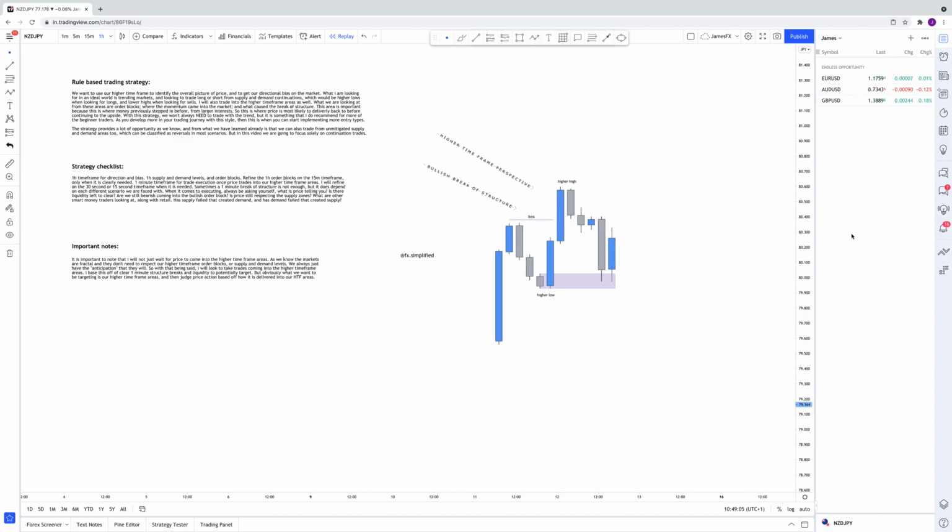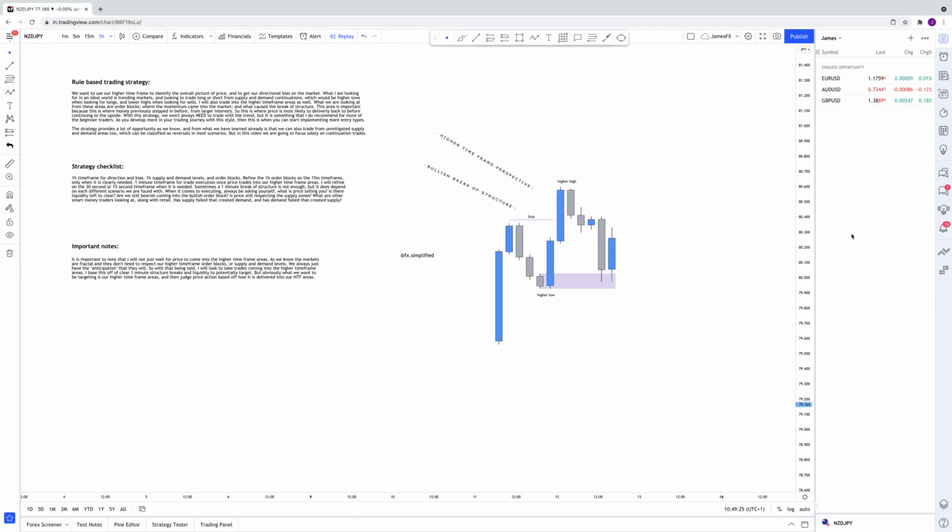Okay, so we want to be using a higher time frame to identify the overall picture of price and to get our directional bias on the market. Okay, that time frame for me is the 1 hour time frame.